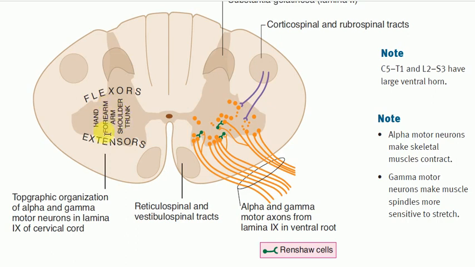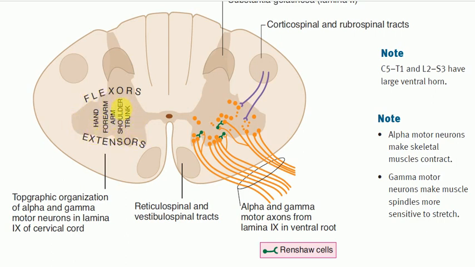The muscles of the forearm are innervated by cells which are lateral to the arm muscles, and then the most distal, the hand muscles, are present most laterally. So if you move from medial to lateral, there is a proximal to distal distribution of the alpha motor neurons.